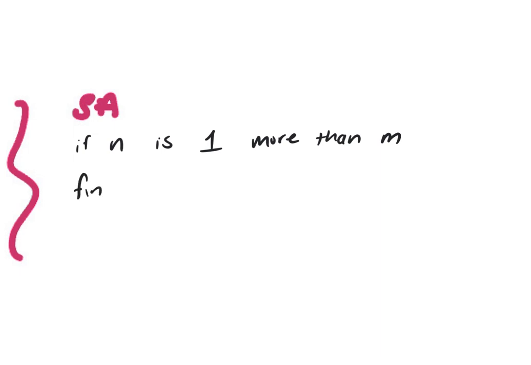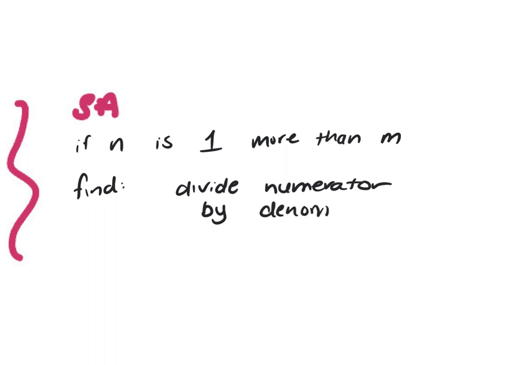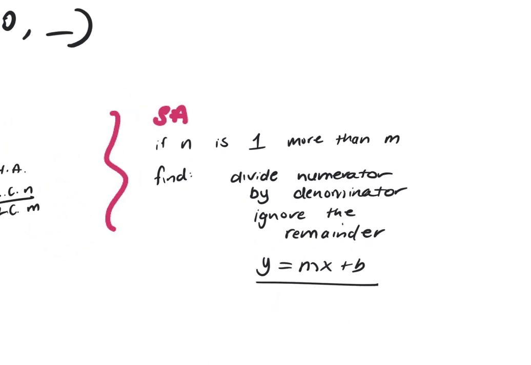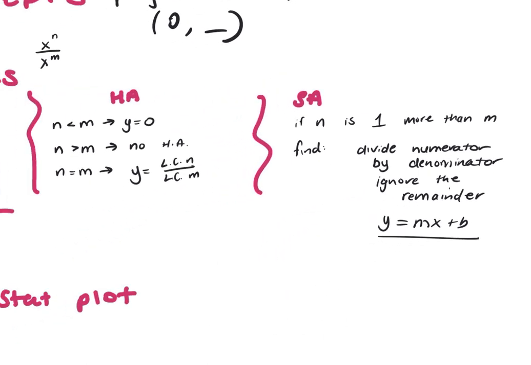To find the slant asymptote, we divide numerator by denominator, and we ignore the remainder. We could divide using long division or synthetic division, and you get y equals, and it should be in mx plus b form because that is a line. So both horizontal and slant are y equals, whereas vertical is x equals.